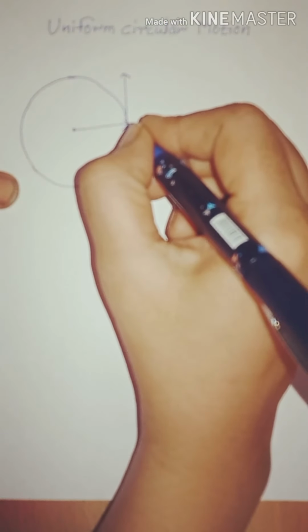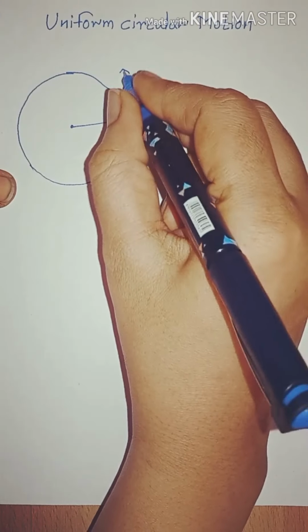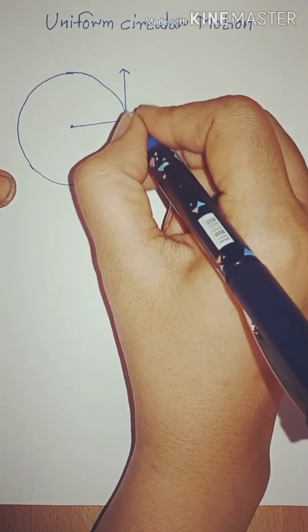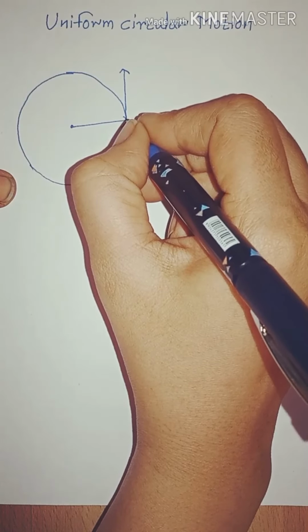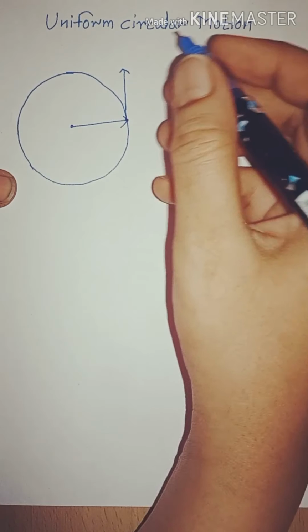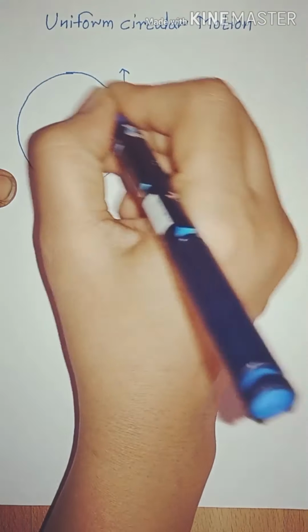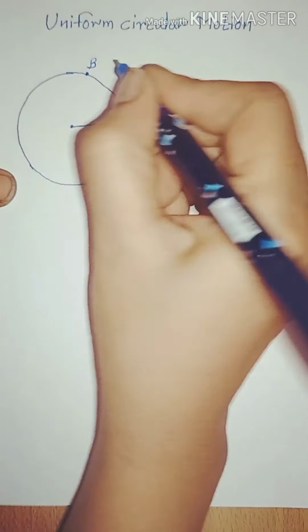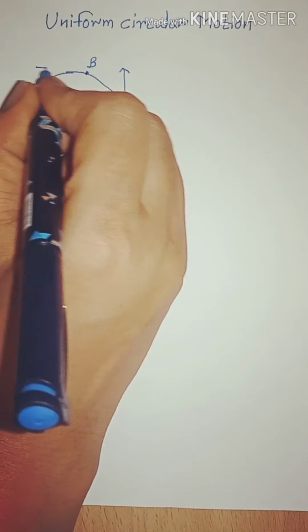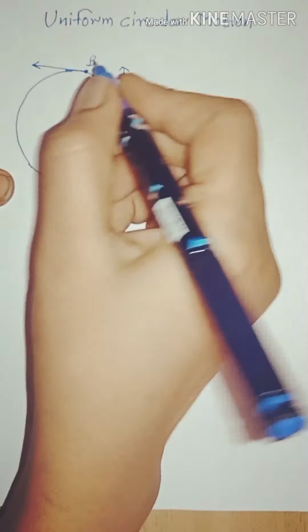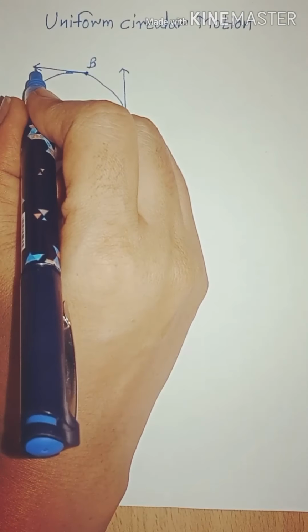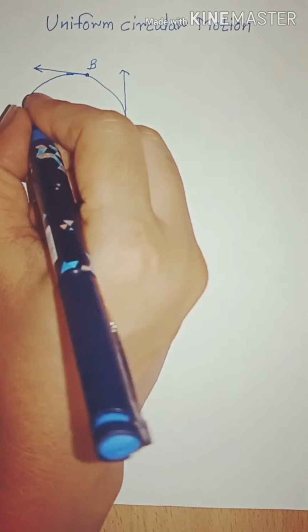If this is the position of an object, then the direction of the tangential velocity can be shown by drawing a tangent to the circle. If B is the position of the particle, then again the direction of the tangential velocity can be shown by drawing a tangent to the circle.